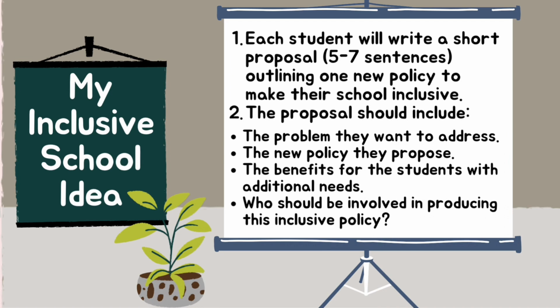The proposal should include, first, the problem you want to address. Second, the new policy you want to propose. Third, the benefits for the students with additional needs. And lastly, who should be involved in producing this inclusive policy.